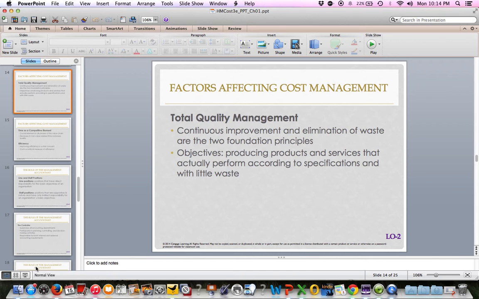Again, just that overall idea that we have to continuously be improving efficiencies, that we have to do everything possible to make sure that the quality of the goods and services that we are delivering continuously gets better, and so that we can again become more efficient, eliminate waste, and hopefully as we become more efficient in delivering our goods and services, we can do so at a reduced price and higher quality than the competition.